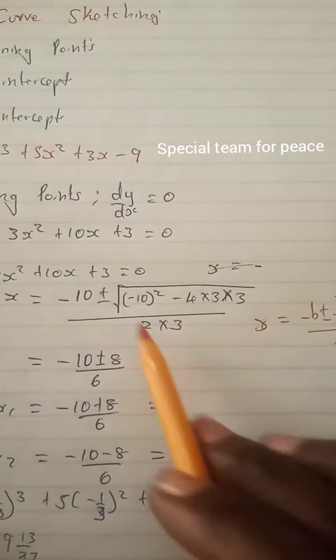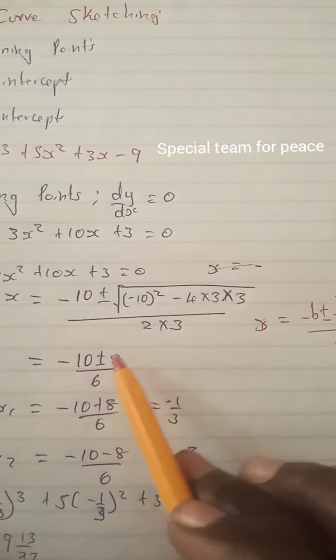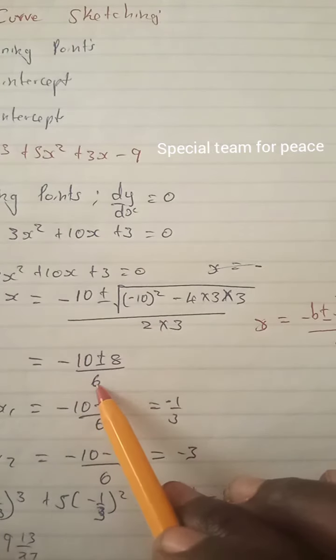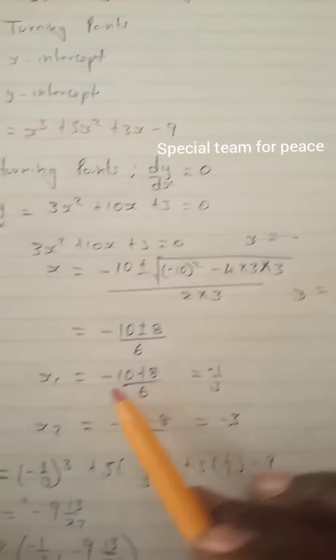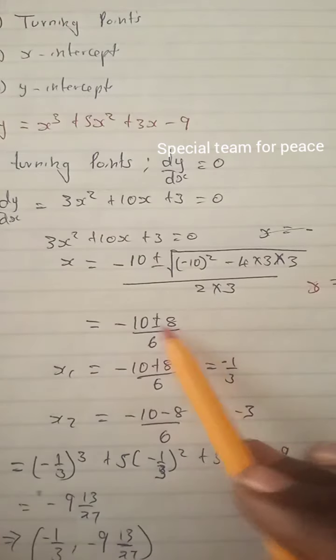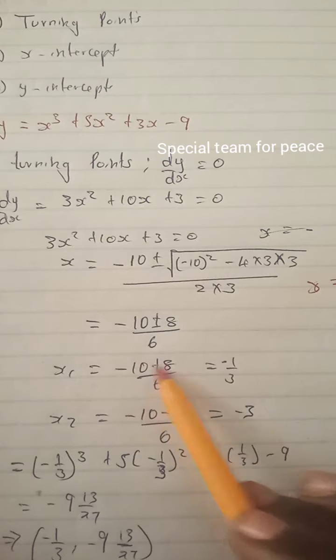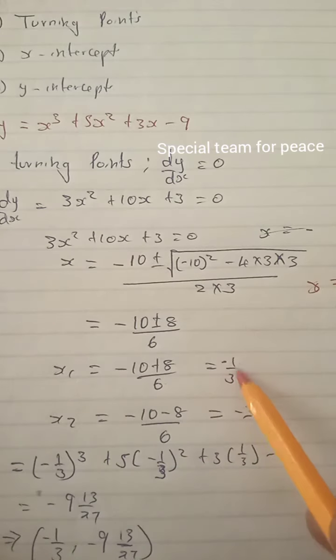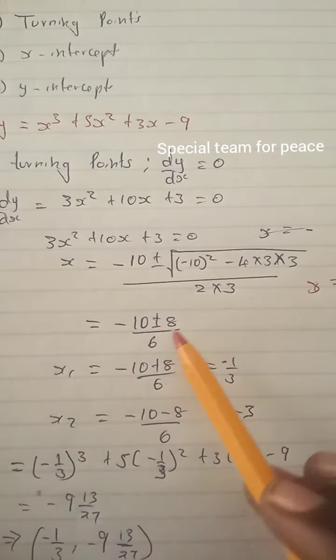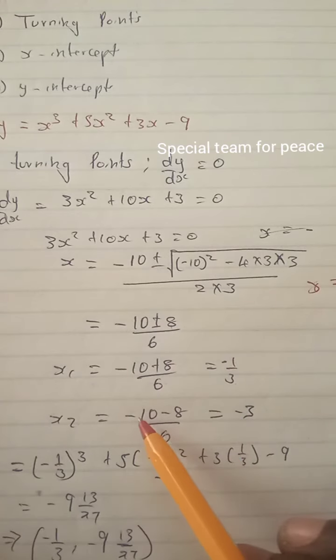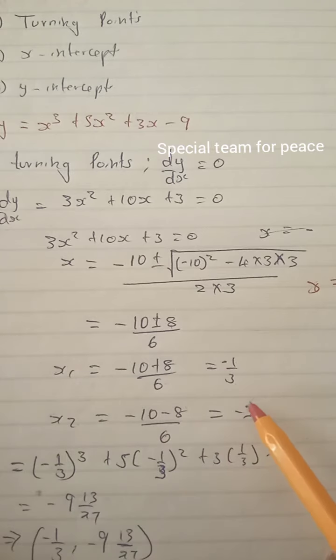So that it now gives you negative 10 plus or minus 8 divided by 6. So our x1, when choosing addition, gives you negative 10 plus 8 over 6, which is negative 1 over 3. And our x2, when choosing subtraction, gives you negative 10 minus 8 over 6, which is negative 18 over 6, or negative 3.